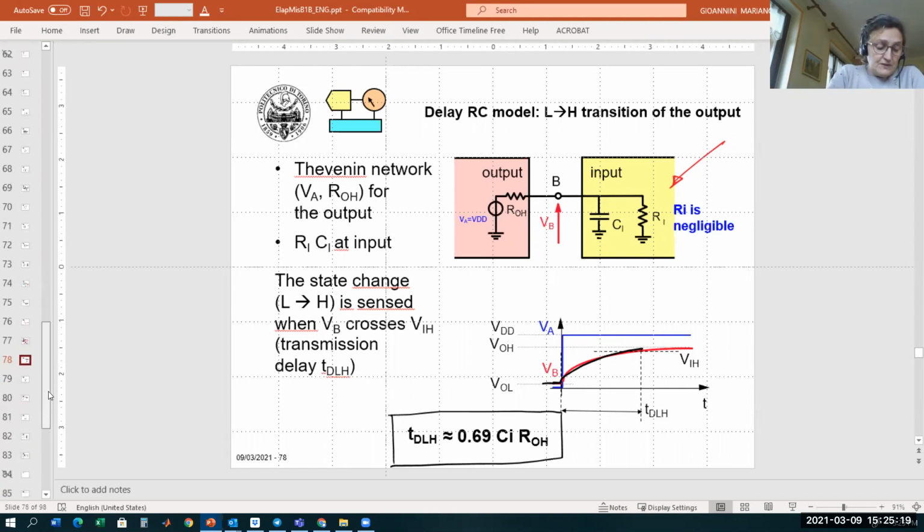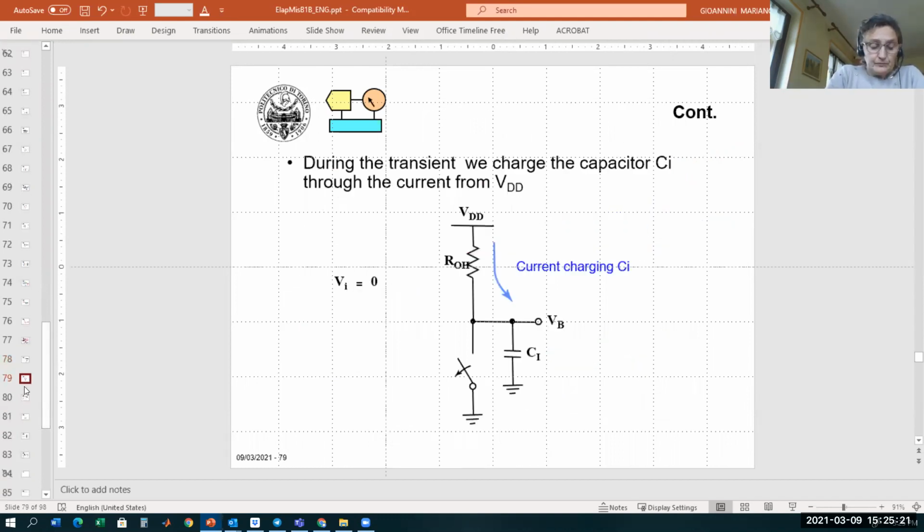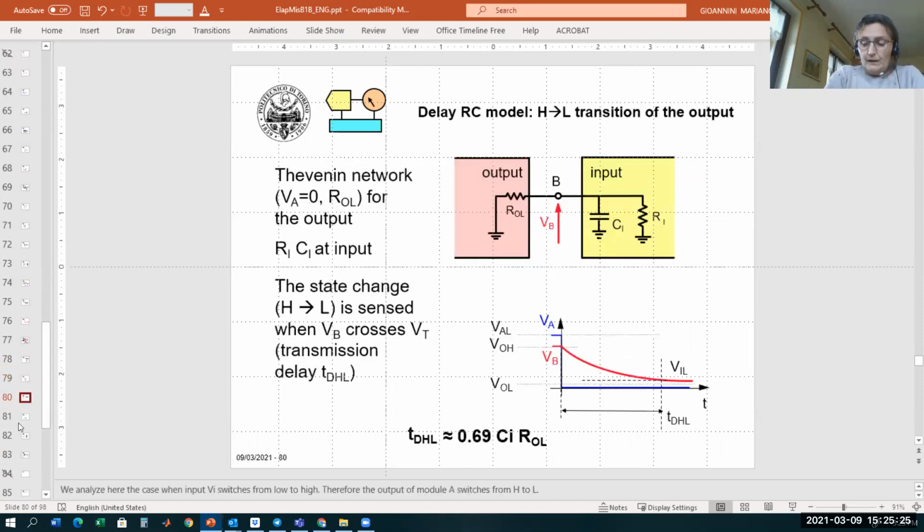If you repeat the same story, and it's all explained here, you also have the transient for the opposite transition, so for the transition from high to low state.